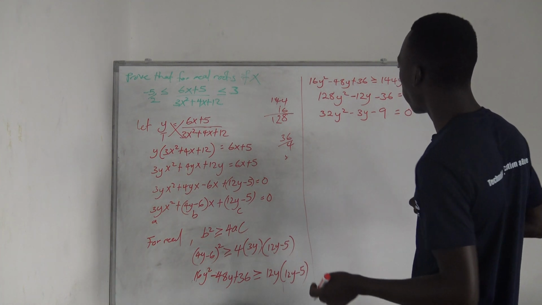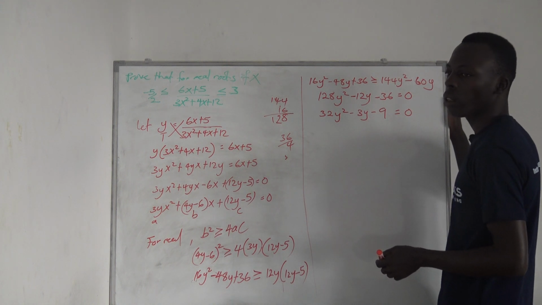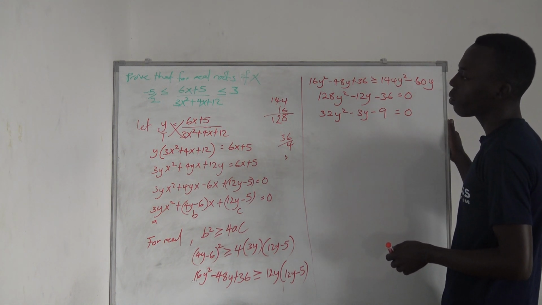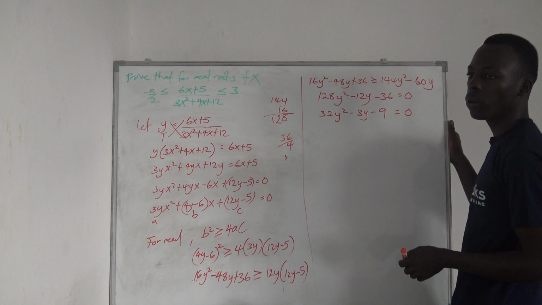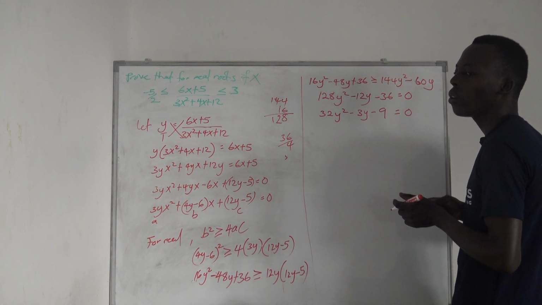What you have there now is in form of y. So now we can get the sum and the product if they are there. If they are not there, we just substitute in the other equation.